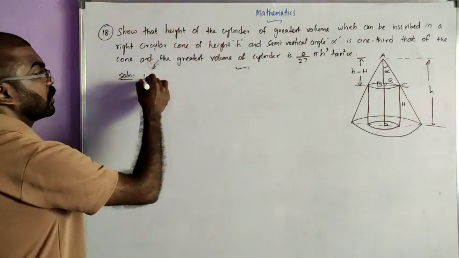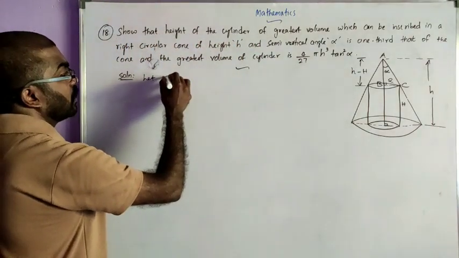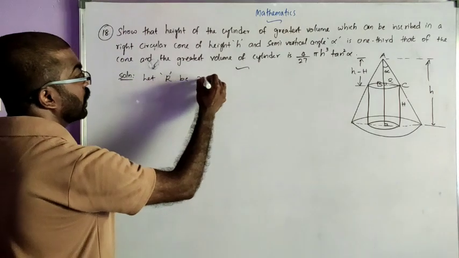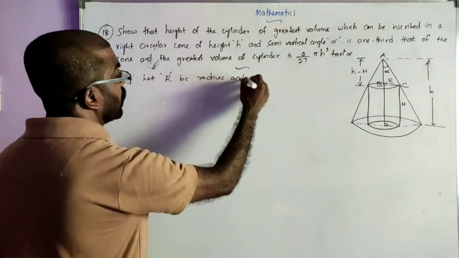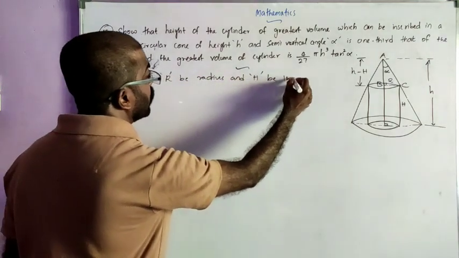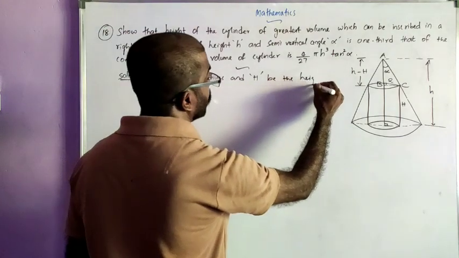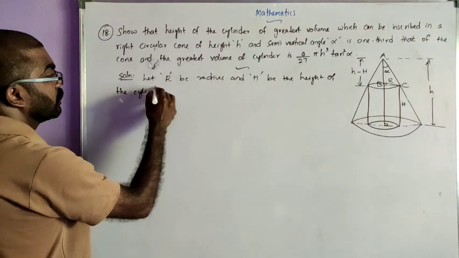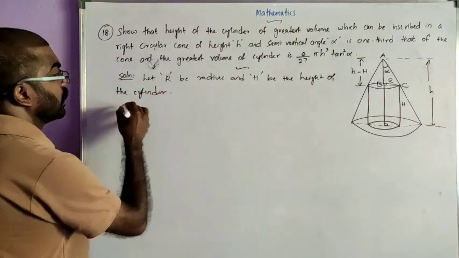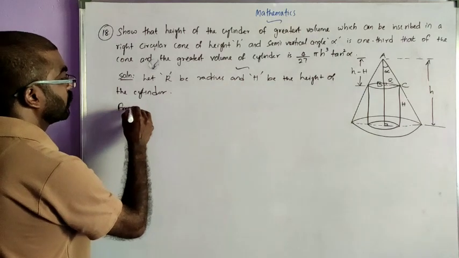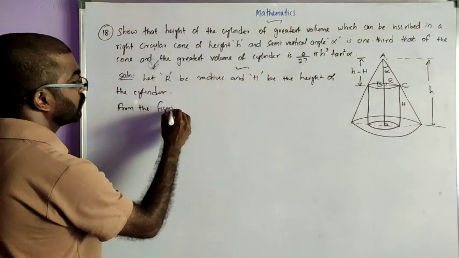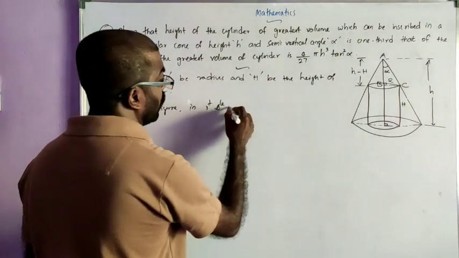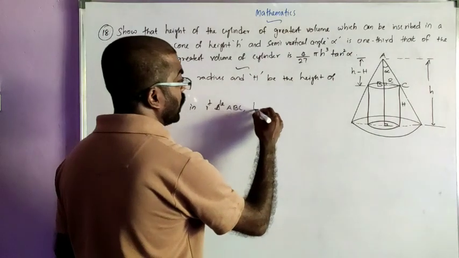So let R be the radius and H be the height of the cylinder. Now from the figure, in right triangle ABC, we are going to write tan alpha.